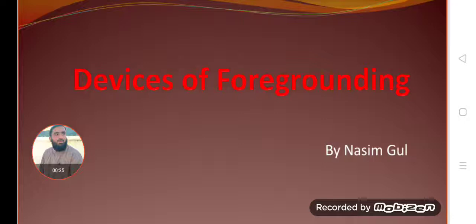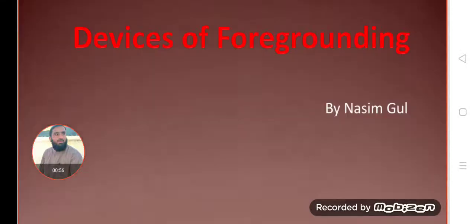So in today's lecture, we are studying the devices of foregrounding: how we can bring foregrounding effects in literary texts, how writers create foregrounding, and what tools or devices are used by writers and authors in literary text to bring foregrounding effects in order to make literary text very beautiful, clear and vivid.